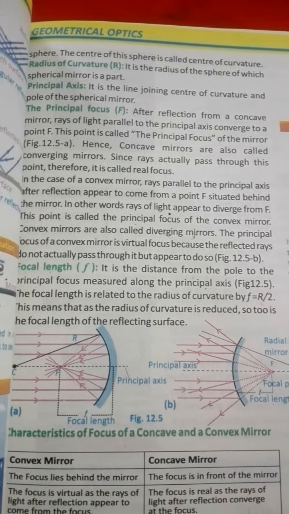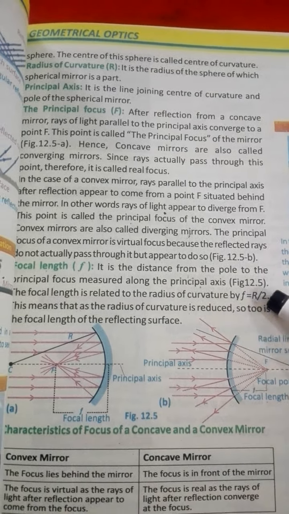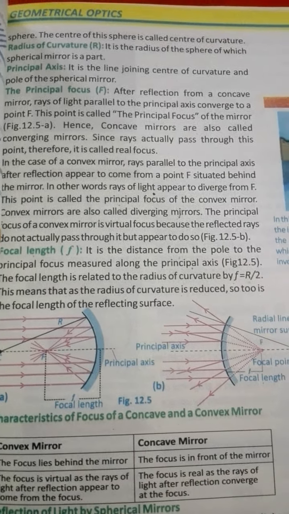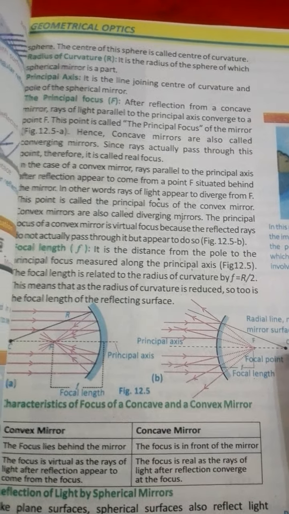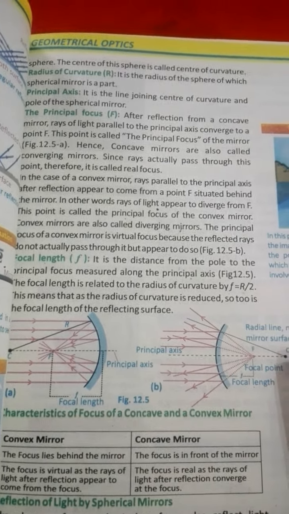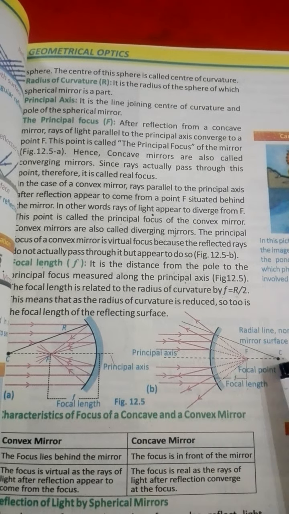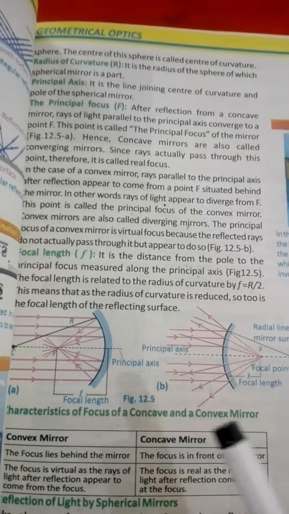And we can also get the focal length by radius. When we divide the radius by 2, we can get the focal length. Clear? These two diagrams, when you see very carefully, you can know about the principal axis, principal focus, capital F, and focal length.